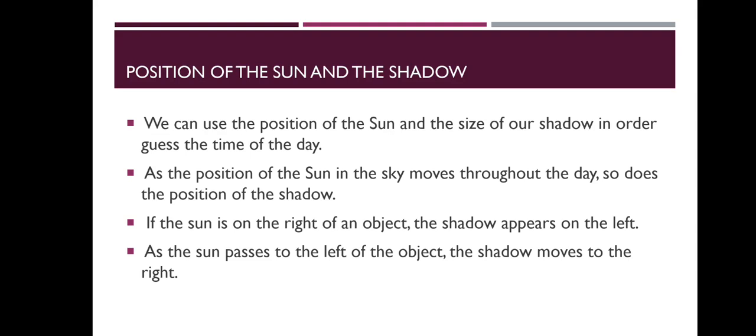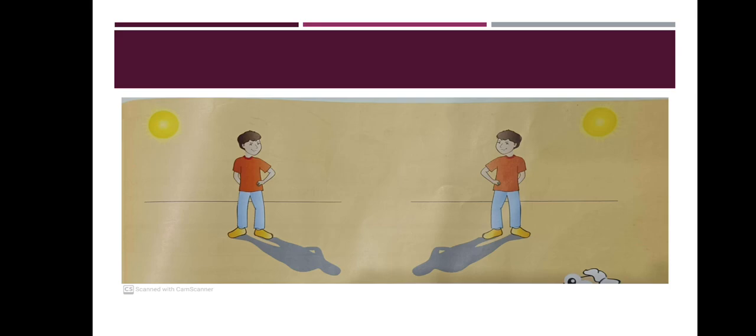If the sun is on the right, the shadow will be on the left. Look at here. When the sun is on the left, the shadow is on the right. When the sun is on the right, the shadow is on the left. So first of all, you need to know that the position of the sun and the shadow is always opposite to each other. And if the sun is at your back, the shadow will be at your front.